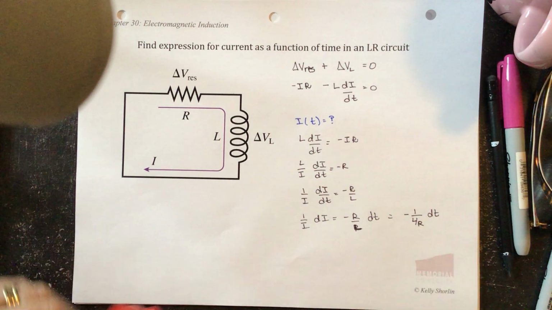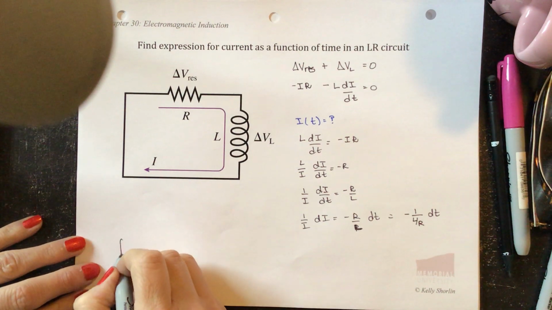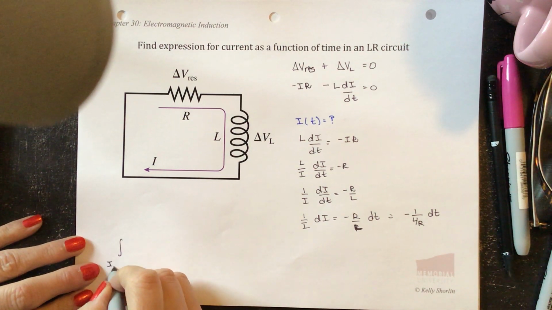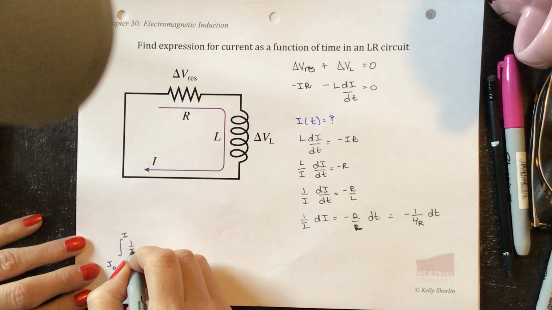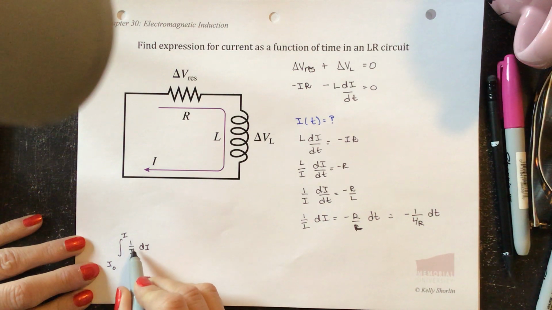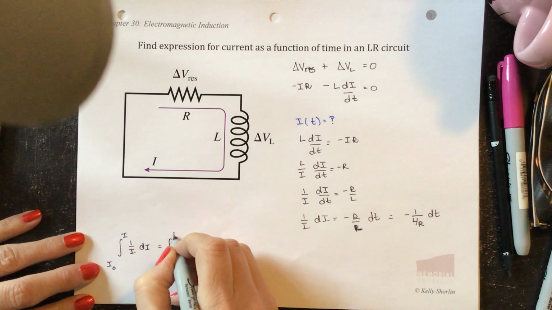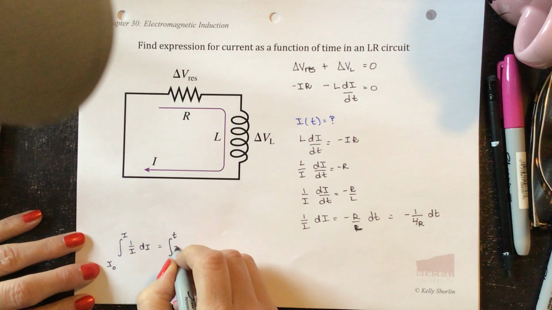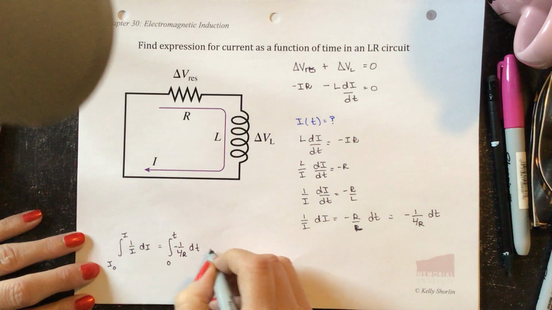So if I want to find my current, I'm going to integrate both sides. The integral from our initial current to some final current of 1 over I dI gives me the current at any time t, and is equal to the integral from 0 to some time t of minus 1 over L over R dt.